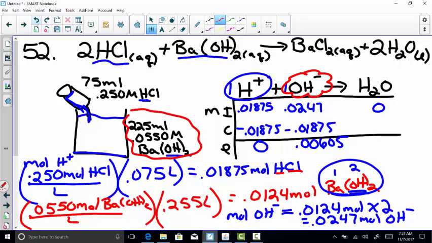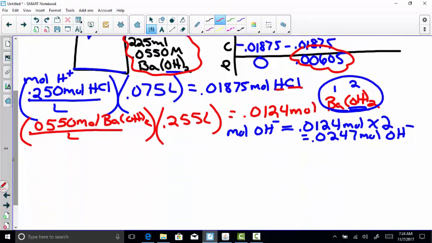Now, the next question says, what is the concentration of the hydroxide ions in the solution? Well, we have this many moles. So I'm going to go down a little bit. So I have 0.00605 moles of hydroxide ions left.